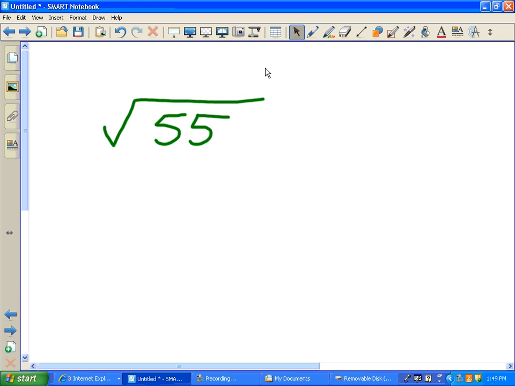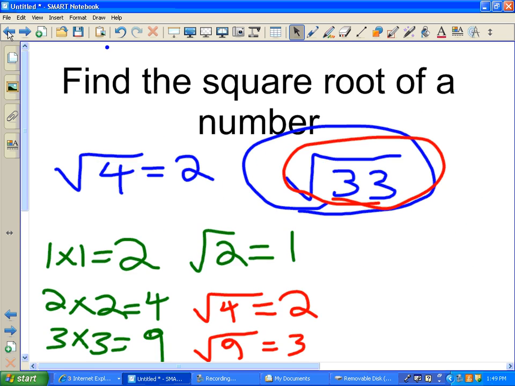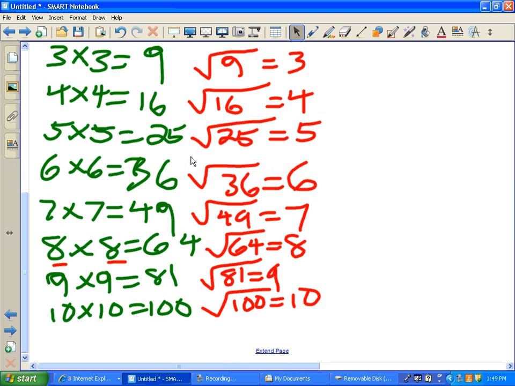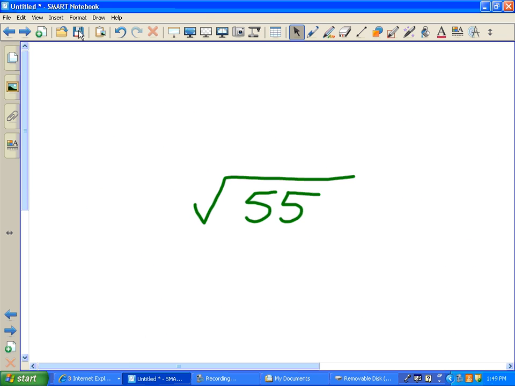Well, let's go back and see what comes before root 55 that's a perfect square. Well, there's root 49, and there's root 64. So root 49 will come before it, and root 64 will come after it.